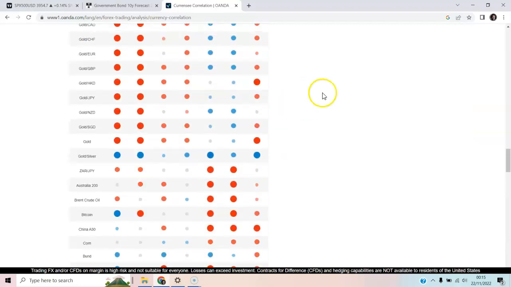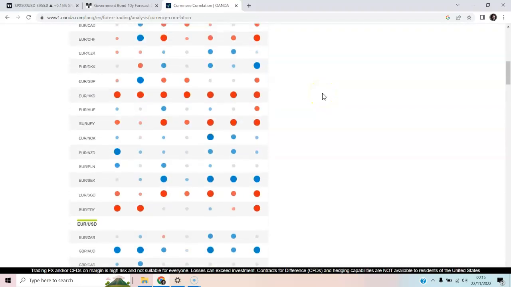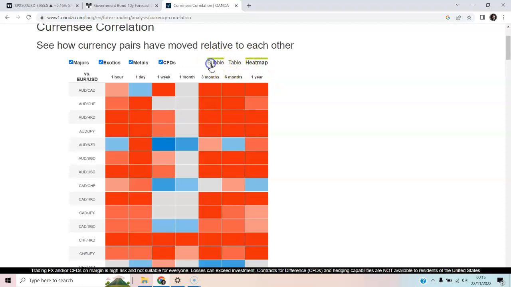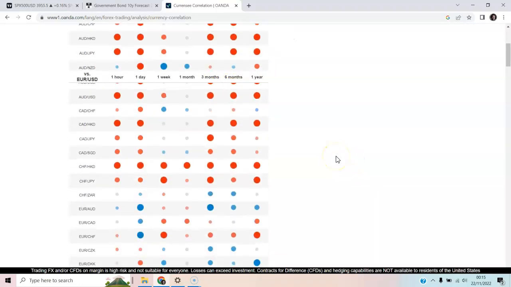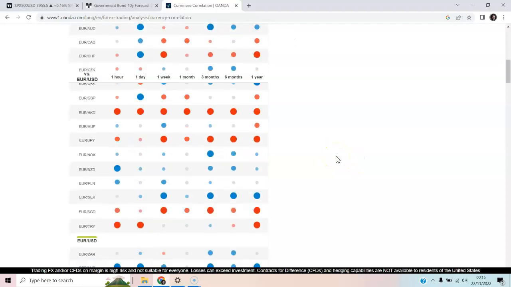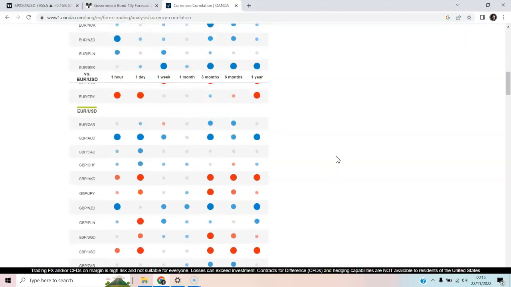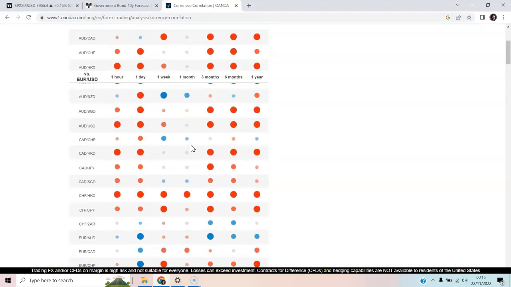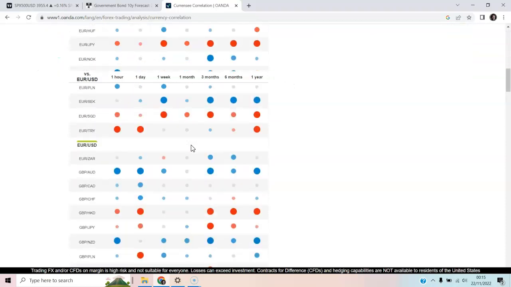Ah, fantastic. So Oanda bought it, I think, and this is really handy. So let's have a look at the bubble heat map. I quite like the bubble, so that's what I used to use. Now this is everything mixed up. So if I look at Euro USD versus the US dollar, I think there should be the US dollar under DX.